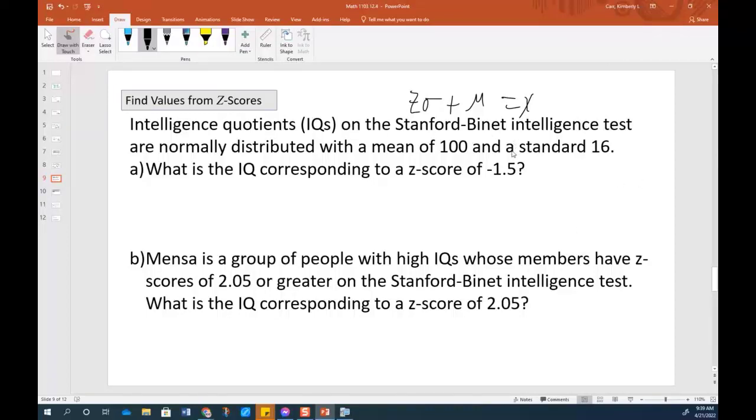Here we have an intelligence test that has a mean of 100, and I'm missing the words standard deviation, but it's a standard deviation of 16. This is my z-score, and the question is, what is my x value? So my x value will equal my z-score times standard deviation plus the mean.